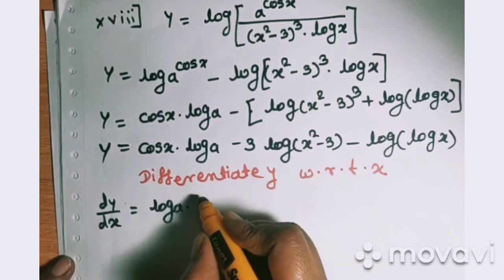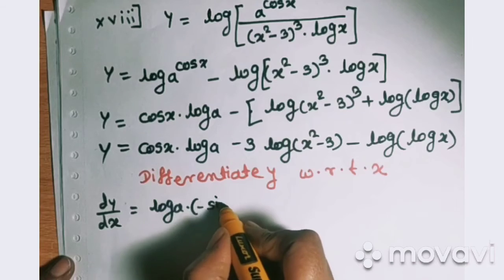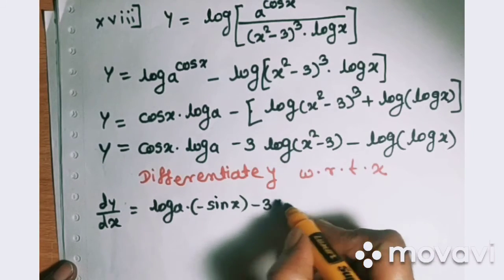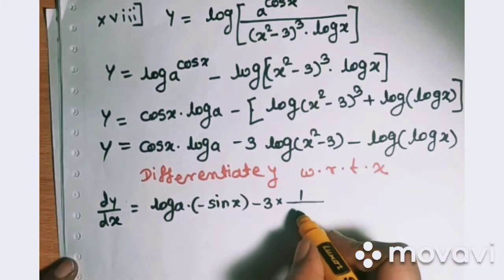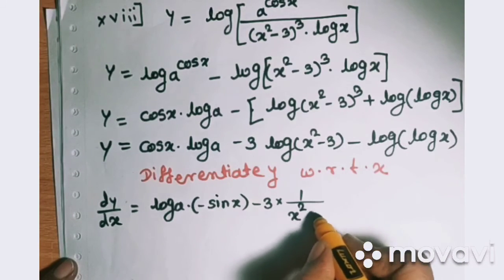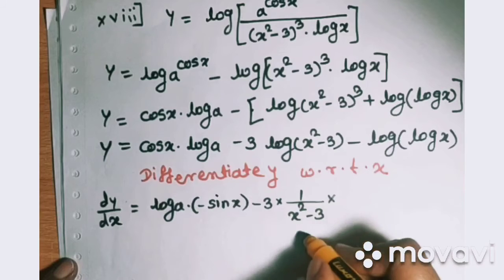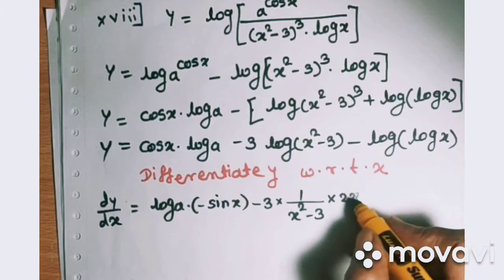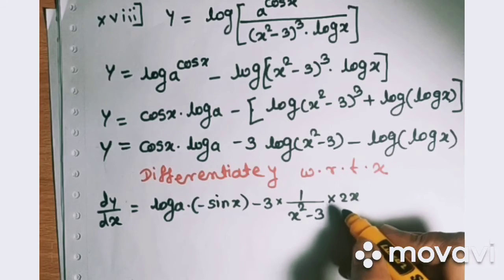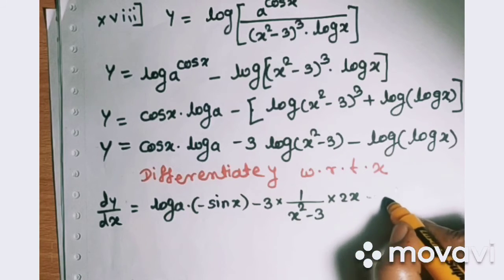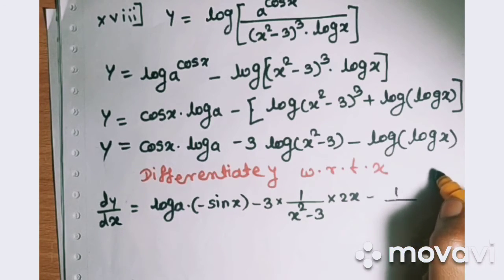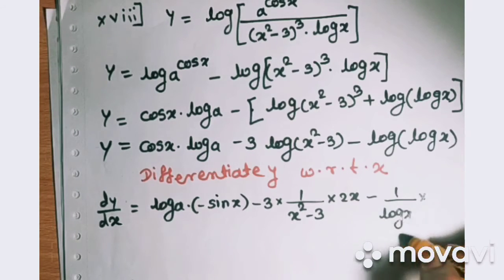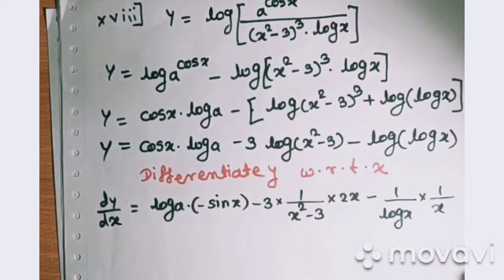The derivative of cos is minus sin x. Minus 3 keep as it is, and take the derivative of this log, that is 1 upon x square minus 3, and multiply with the derivative of x square minus 3, that is 2x minus 0, which becomes only 2x. Minus the derivative of log of log of x, that is 1 upon log of x, into the derivative of this log, which is 1 upon x.